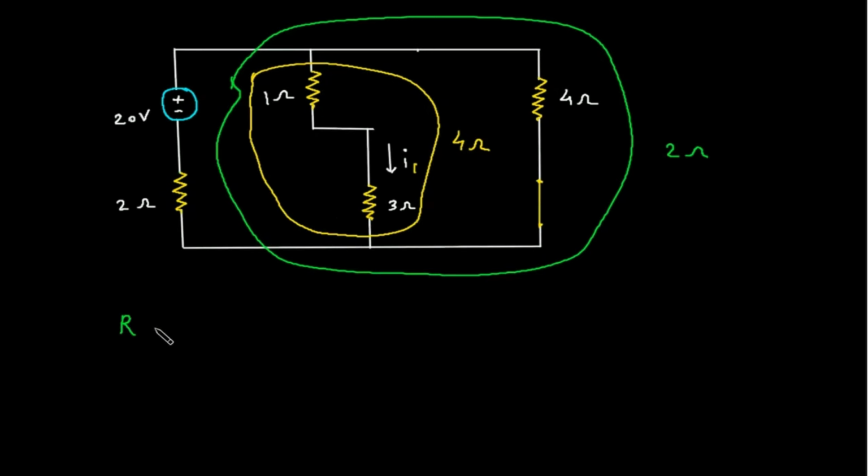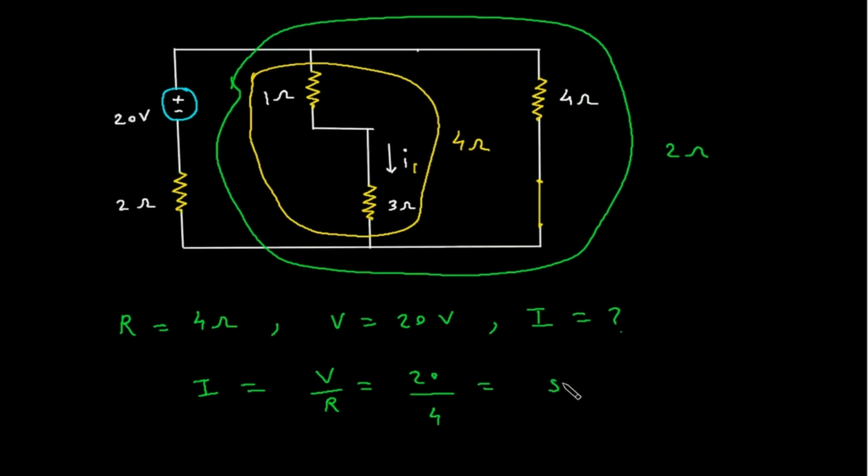We have the value of resistance as 4 ohm and voltage is 20 volt. We have to find current I. So from this we can find I is equal to V by R. V is 20 and R is 4. So current is 5 ampere.